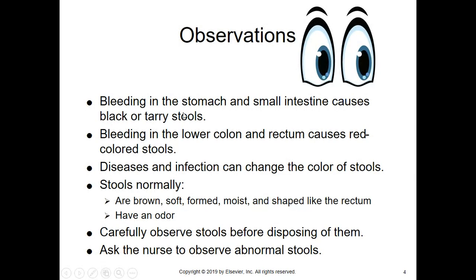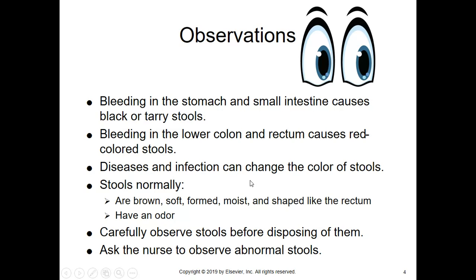If we're bleeding in the lower part of our colon, close to our rectum, our stools will look red, like blood. So if somebody's having black or tarry stools, they might have bleeding up high in their stomach. If they're having red stools, it may be lower in the stomach or in the rectal area.